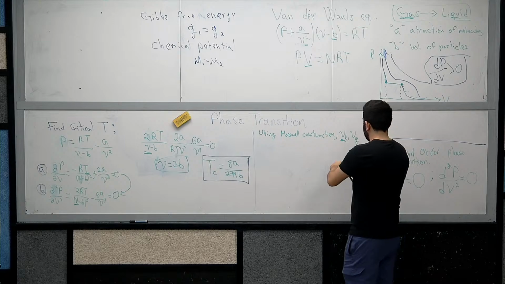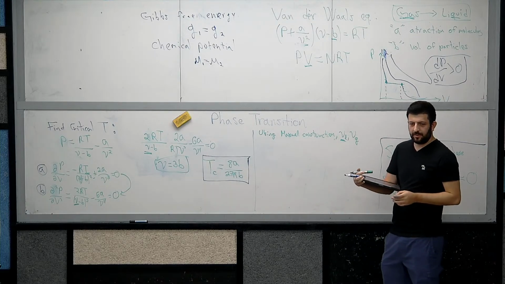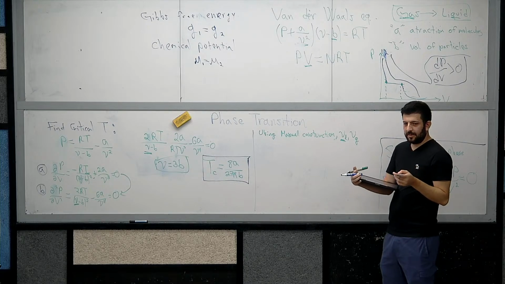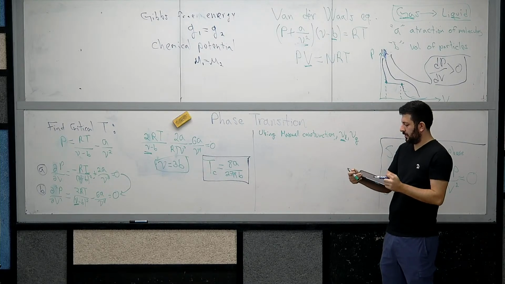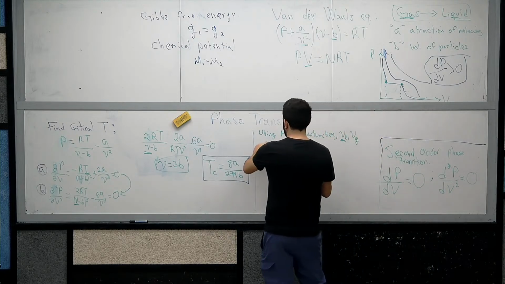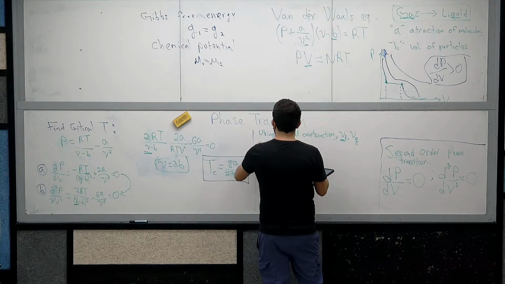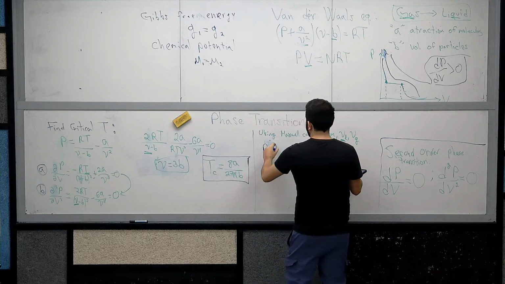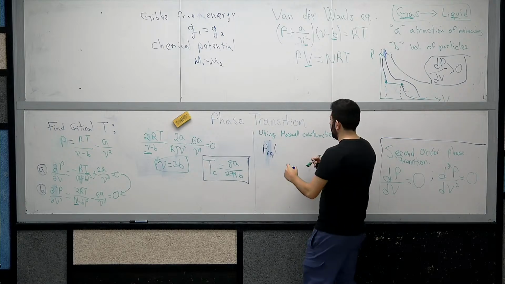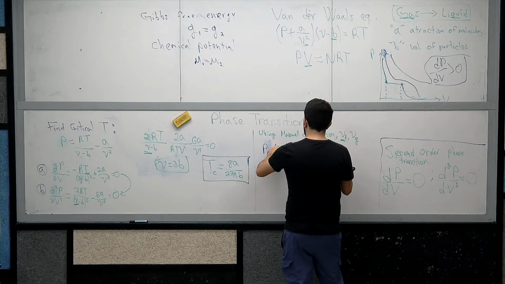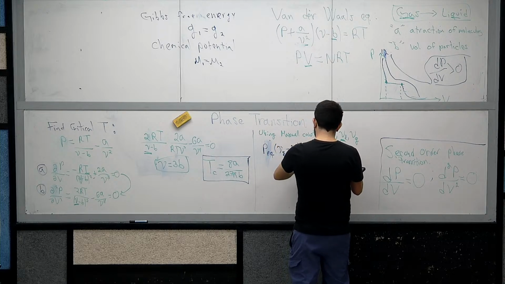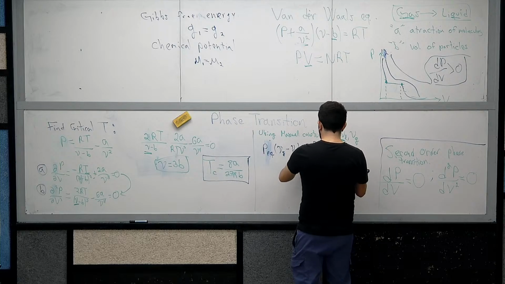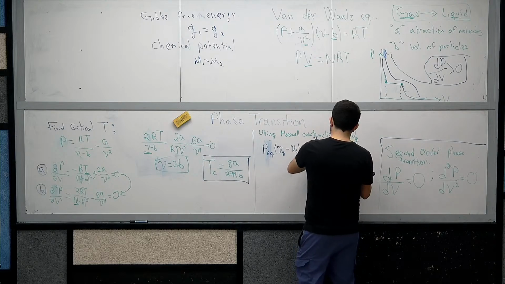Okay, so how do we use the Maxwell construction? The pressure in equilibrium is the same, times the volume, right?